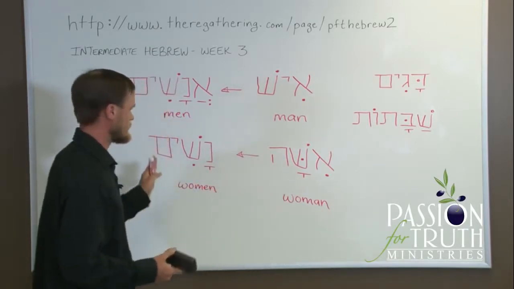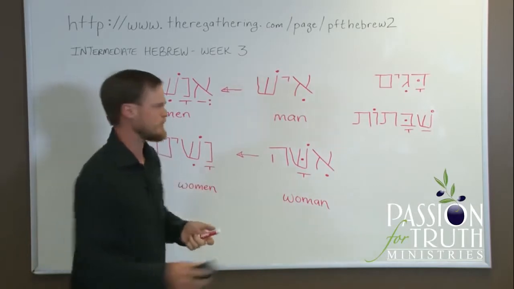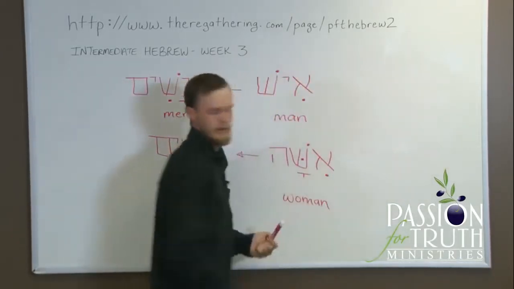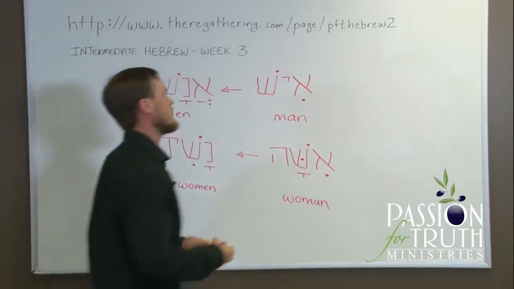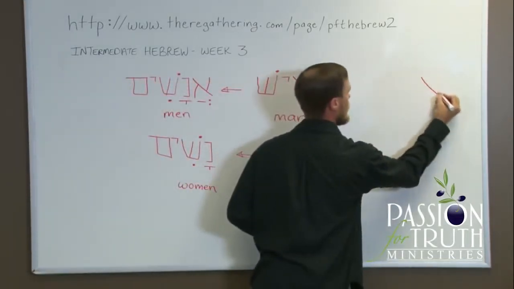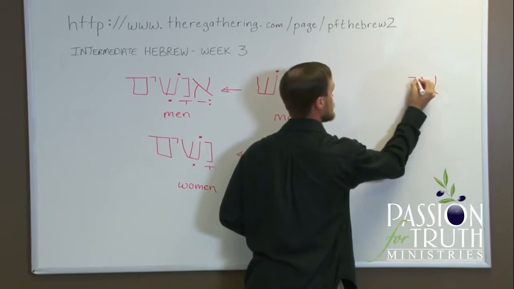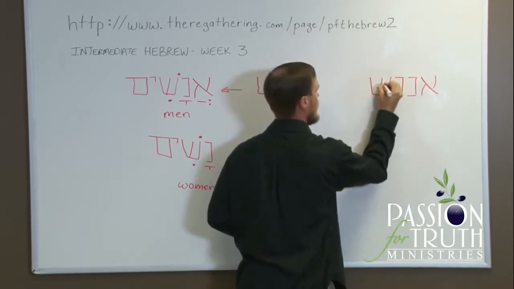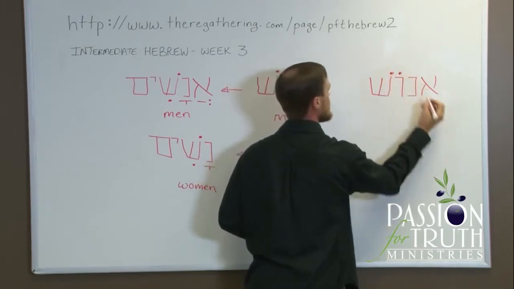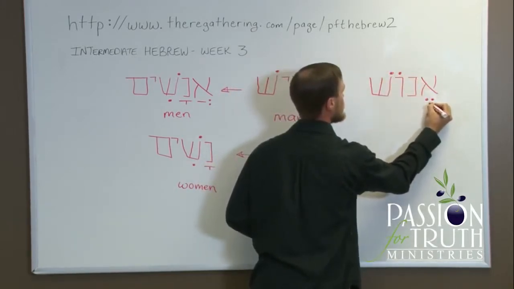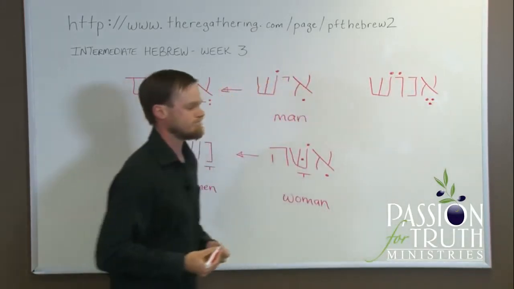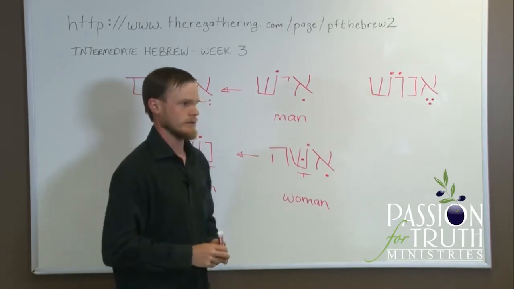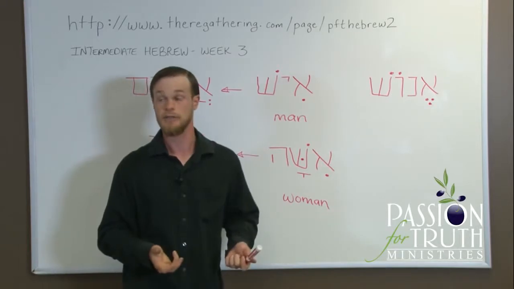And I don't want to go too far into that, but there's another word for man besides Ish. And that word is Enosh. And Enosh is actually the name of someone in Genesis in the list of genealogy, the first genealogy given in Genesis.